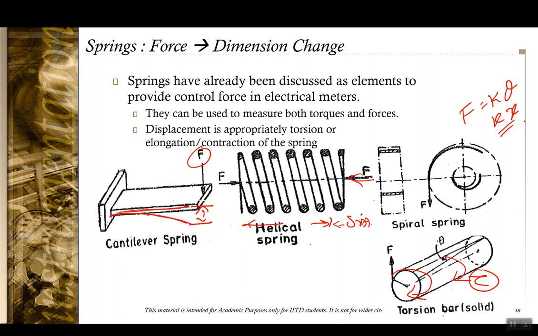So in this manner you can use the concept of springs for measuring force, the rectilinear forces F, or torques tau, and in both cases you have either a torsion of theta or a displacement of x being indicative of the force or torque being applied.